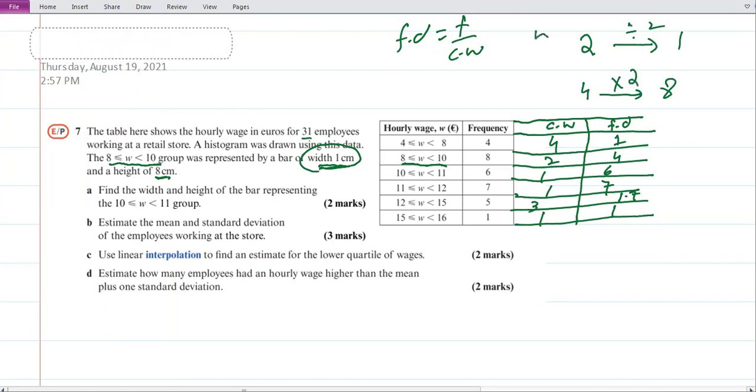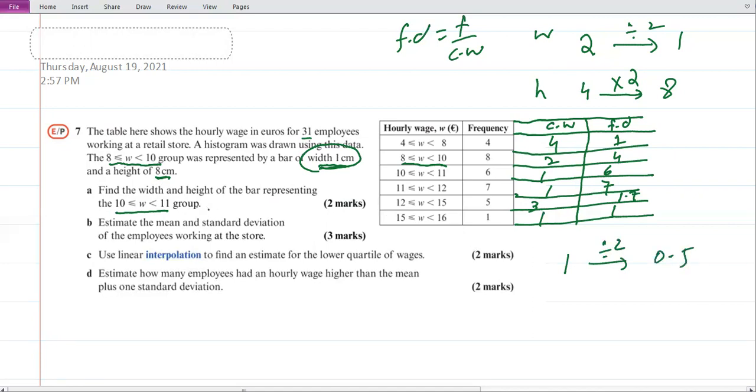So this is width and this is height. Now you have to find the 10 to 11 group. Now for the 10 to 11 group, the original width is 1. From 1, according to the rule we established for how the width changes, we will divide by 2. So it will become 0.5.